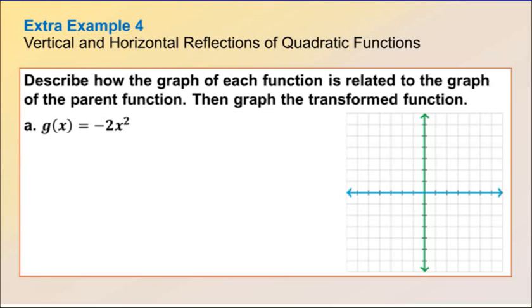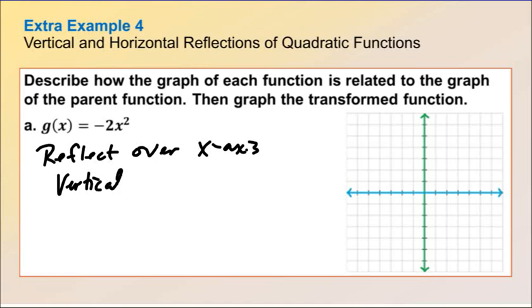Next, we're going to describe the function, how it changes here, and then graph it. There's no parentheses, so it is reflected over the x-axis, affects the y, and it's a vertical change, a vertical dilation.